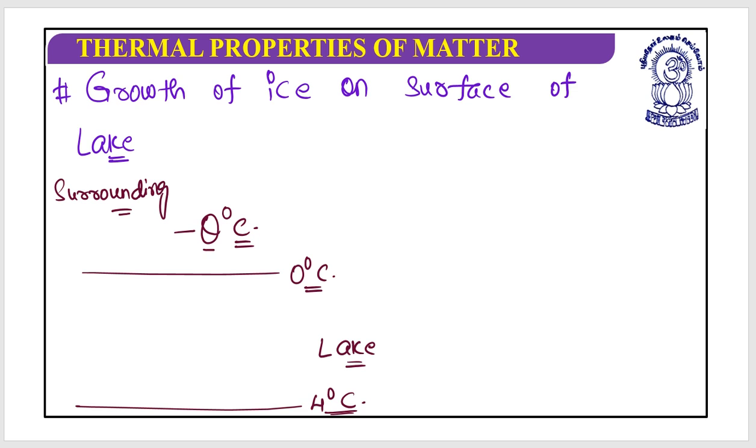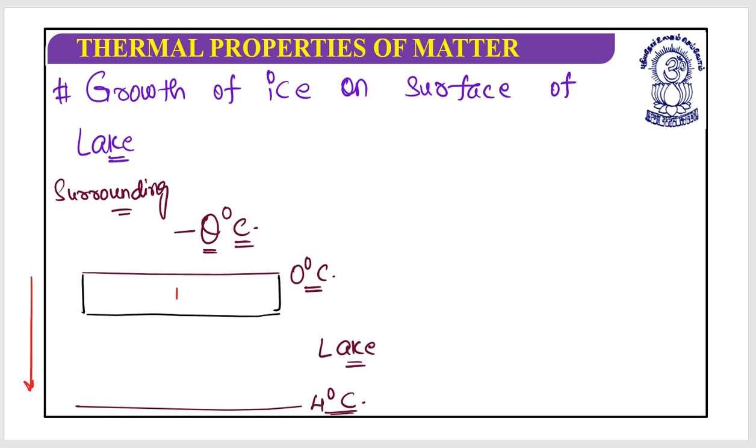So when this surrounding temperature is minus theta, by the time ice started forming on the surface of the lake, it is not going to be formed on the upper layer. No, this was not the case. I'm going to remove this. It is the ice that is being formed from top layer to the bottom layer.